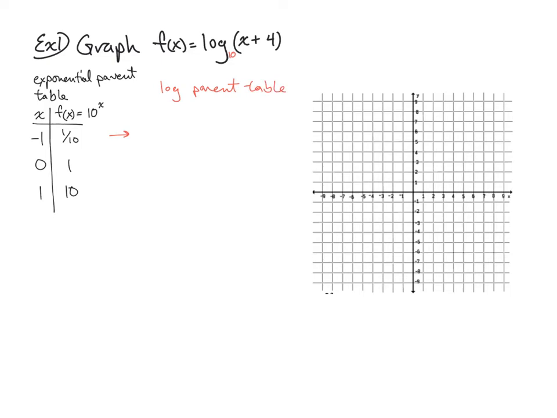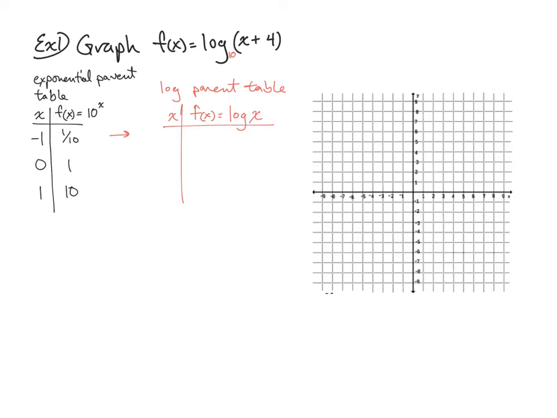And the log parent table would be x equals, x, and f of x equals, now we only want the log, the base, and the x inside the argument. There we go. But it's real easy.